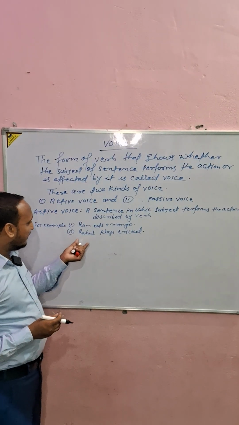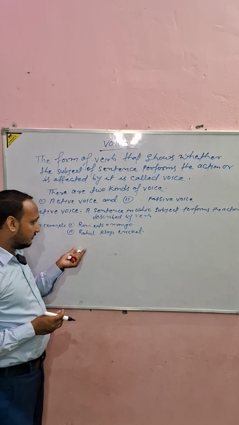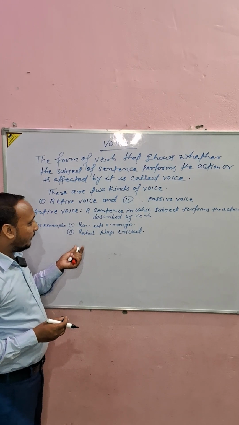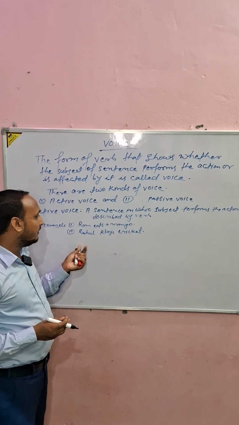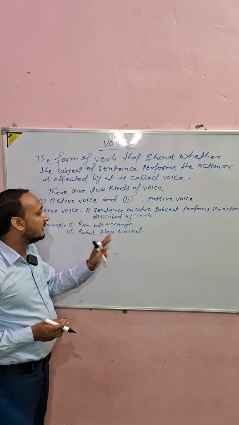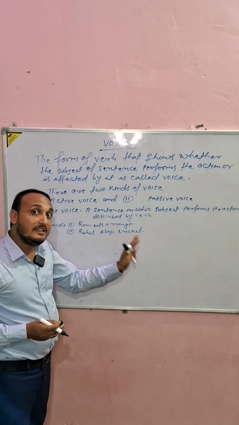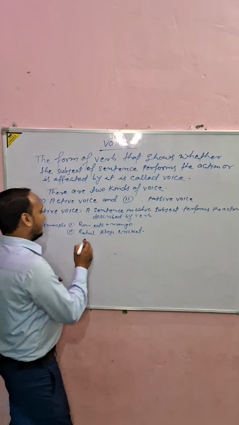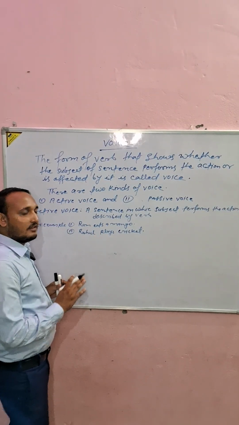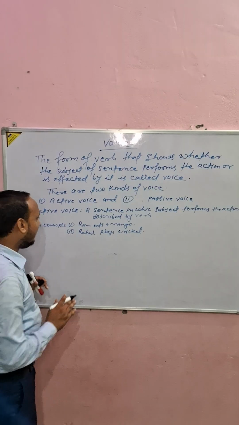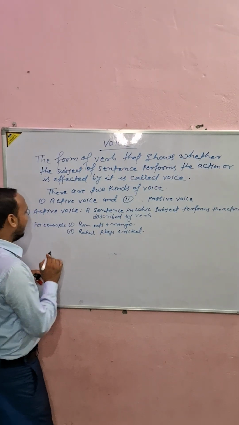Here the subject is Rahul, and Rahul performs the action of playing cricket. So that's why Rahul is the doer, and Ram is the doer. Both sentences are in active voice. Easily we can say that.